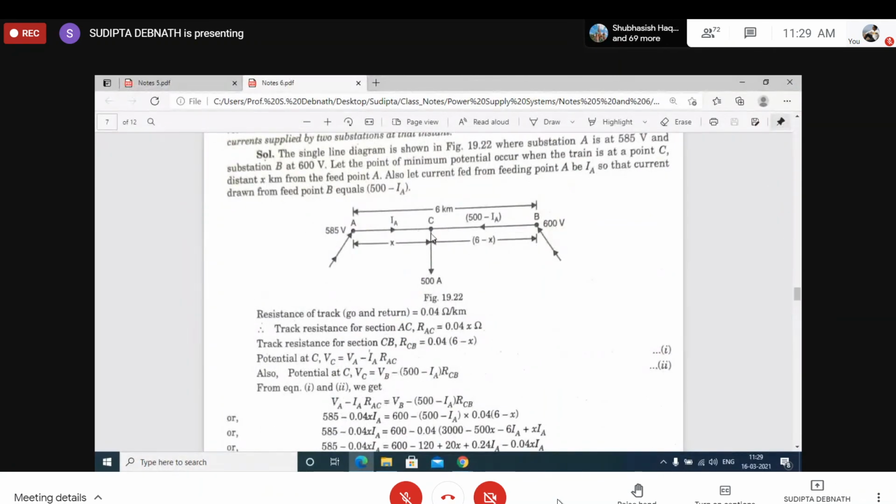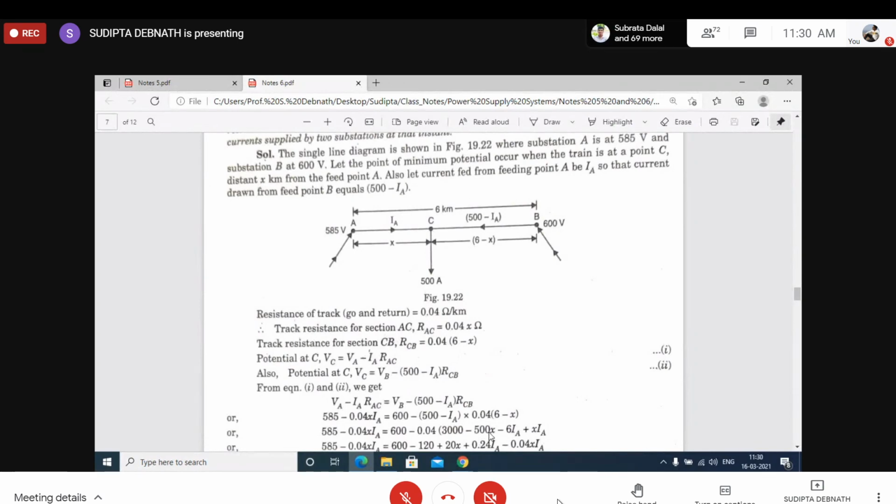this voltage and this voltage: VA minus IA RAC, and it is also VB minus IB into (6 minus x) times the resistance. So both are VC, and you can equate this one with this one. Only the unknown is x; the others are all known.